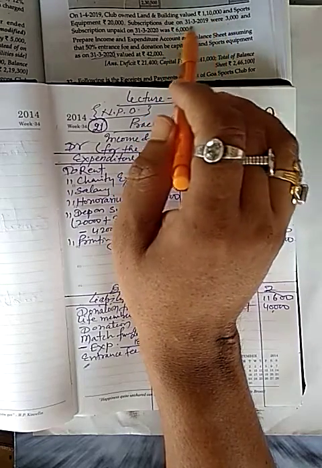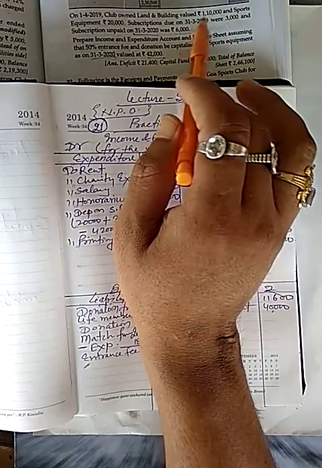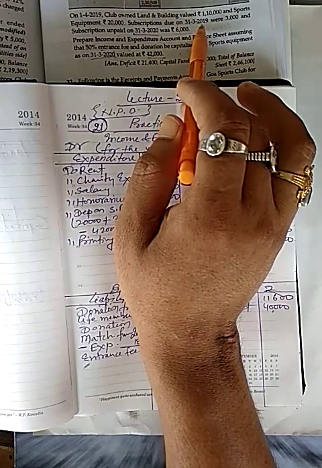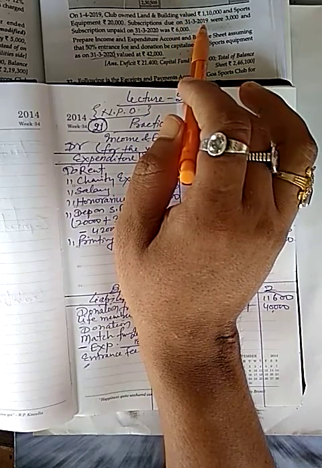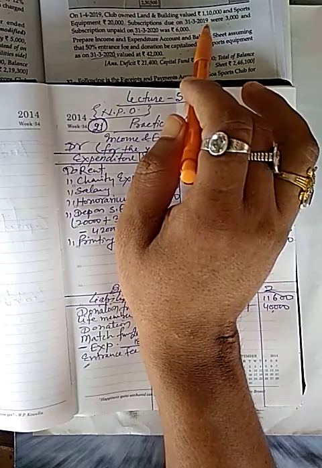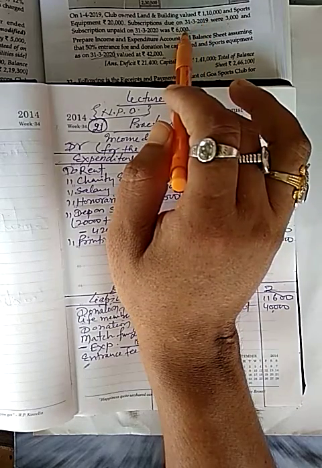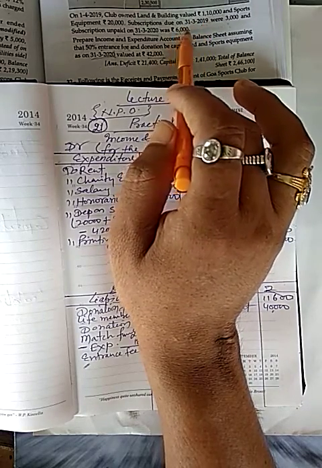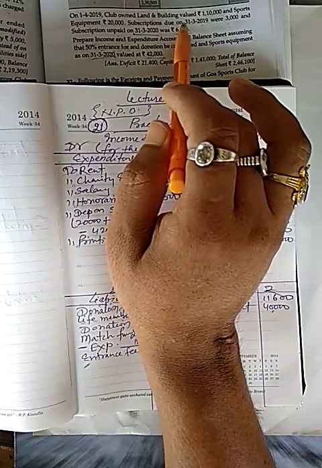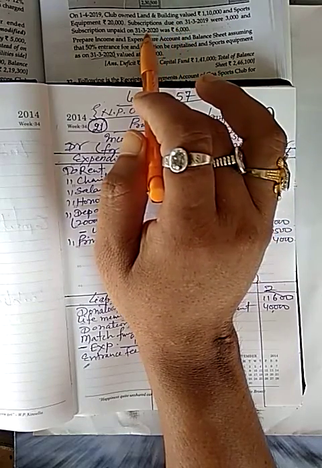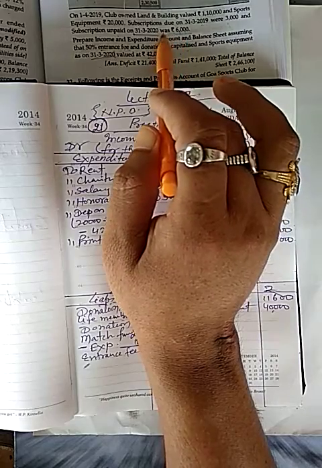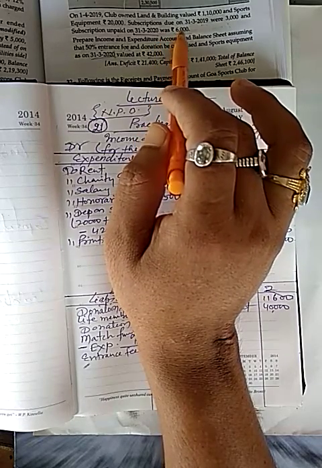So 1,000 from 2019 was brought and included in 6,000. So really current year subscription outstanding will be 5,000 only.